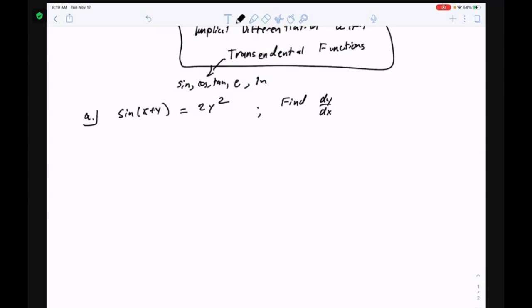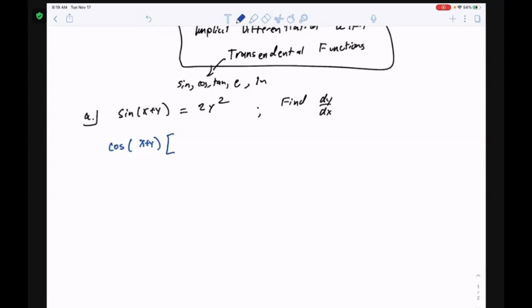No product. There's not a single product in this problem. Chain rule. It's chain rule, good. So cosine of x plus y. You've got to do the outside, so you've got to do the baby.